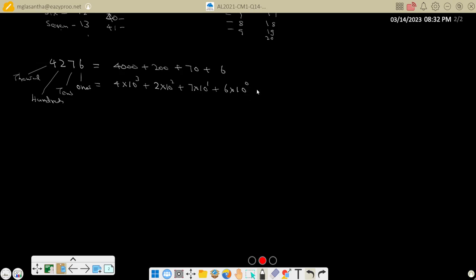10 to the power of 0 is 1. The 0th power of any number is 1. So you can expand any number like that.